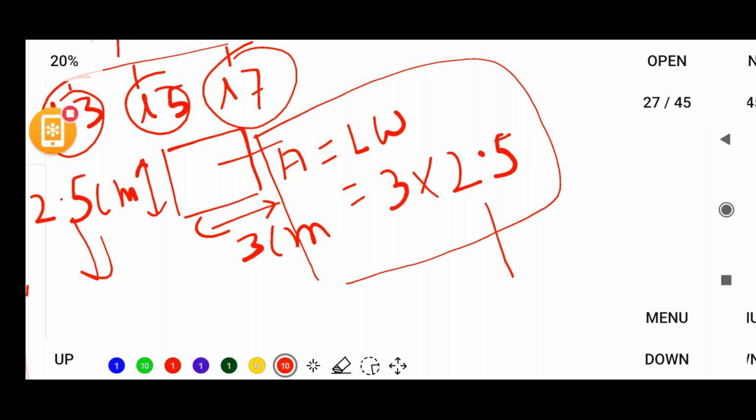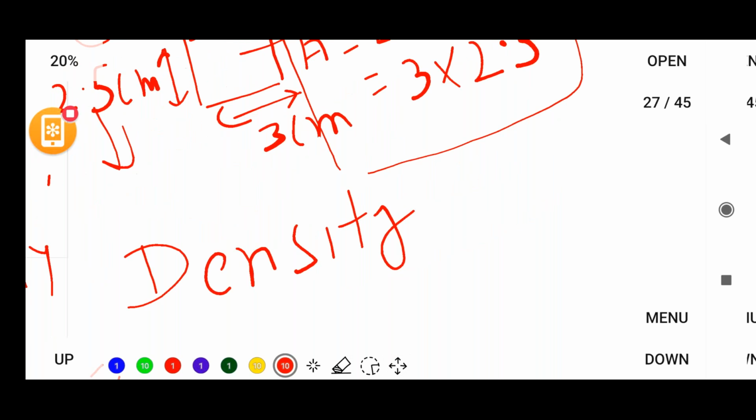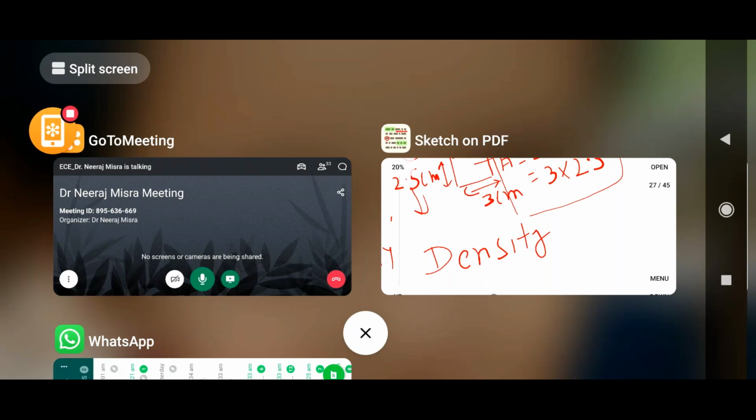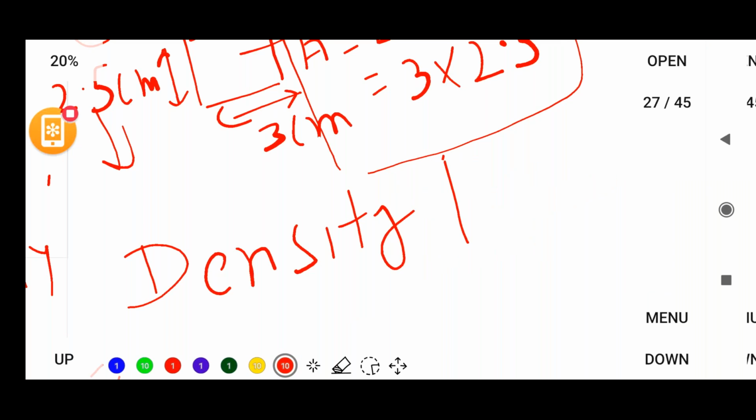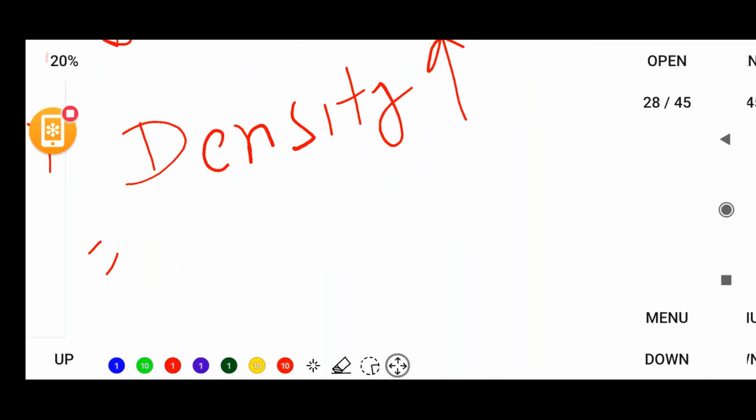But now if you go for a higher density of the circuit design, what does density mean? In a small area, your number of transistors is more. So in that case, suppose that your density of the chip is very high, that means the number of transistors is also very high.